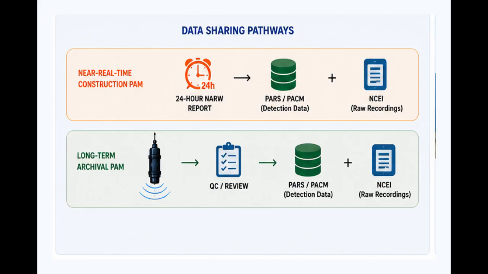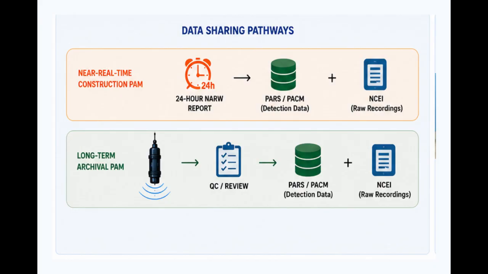For archival monitoring, the QC problem is different. The timeline is longer, and the risk is not just a missed real-time communication. The risk is that months of recordings cannot be integrated correctly later. So, archival QC focuses on metadata, calibration files, deployment records, file completeness, and recording gaps.